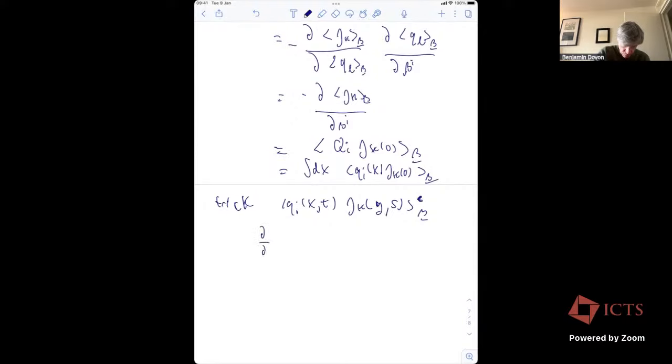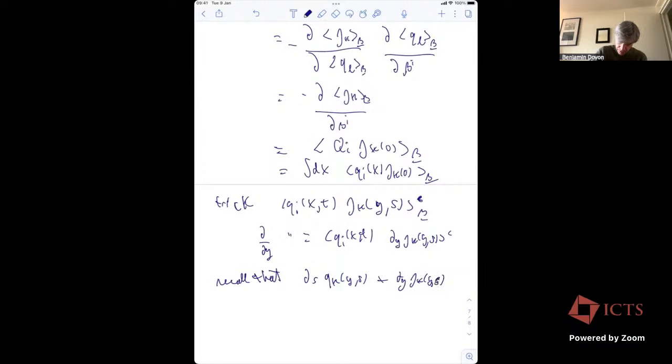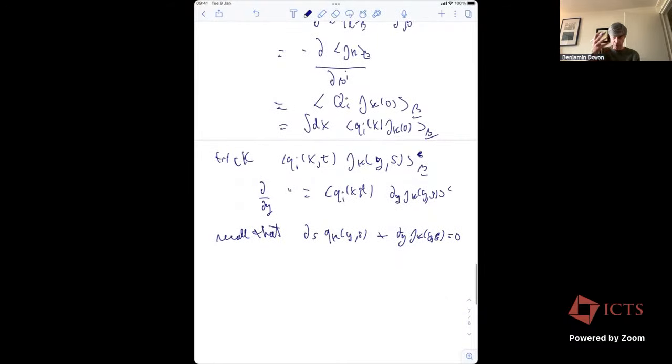So d/dy of this is q_i(x, t) d/dy j_k(y, s). But for the y derivative of a current, I can use conservation laws. So recall that d/ds q_k(y, s) plus d/dy j_k(y, s) is equal to 0. That's the conservation law for the observables.